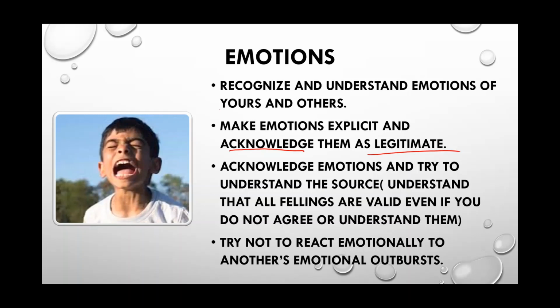Do not think that your emotion is right and the other person's emotion is wrong. So it is better to accept the other party's emotions as right even though you do not agree or understand them. And also please try to understand their emotion source.